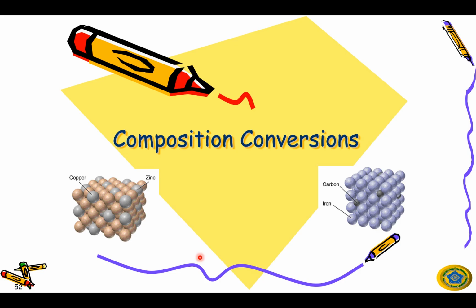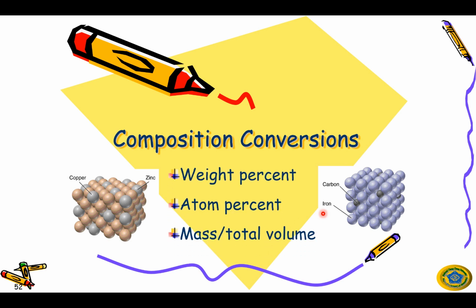So how do you do the composition conversion? If you want to convert weight percentage to atom percentage, what things do you need to consider? You have weight percentage and atom percentage. How do you convert them to each other? Or this is mass per volume, total volume. How do you convert this?